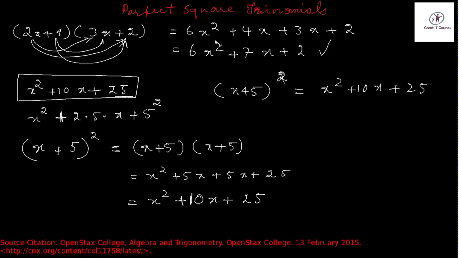Now, this first one is called perfect square trinomial, and it's basically x plus a whole squared is equal to x squared plus 2ax plus a squared.